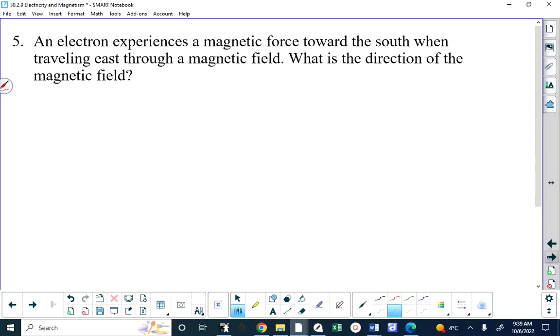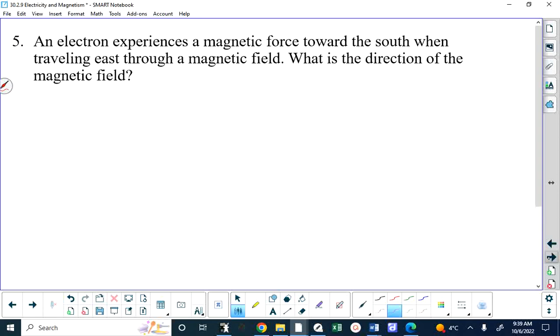Electron experiences a magnetic force towards the south when traveling east through a magnetic field. We did a problem like this yesterday, but I'm going to approach it in a different way today. With this flat right-hand rule, 90% of the time you know the field and the direction of motion, and it's the force you find. But I want everybody to notice that in this right-hand rule, the three things are perpendicular to each other.